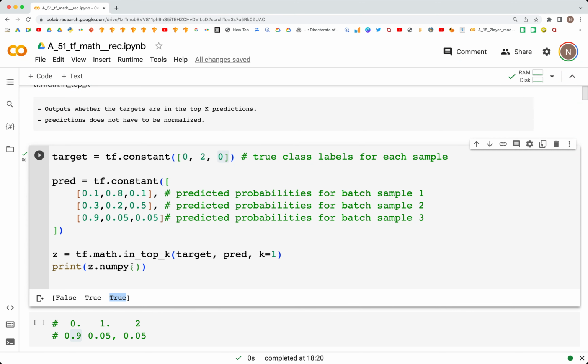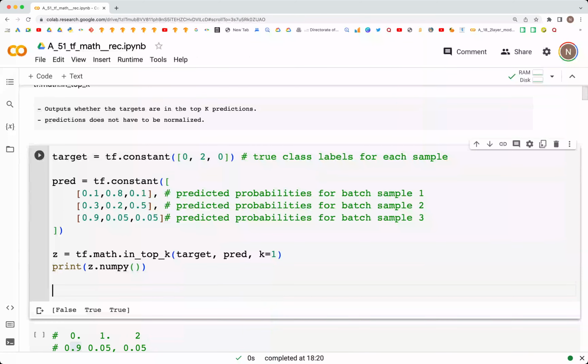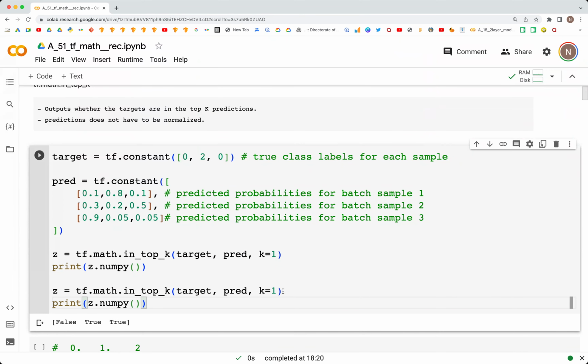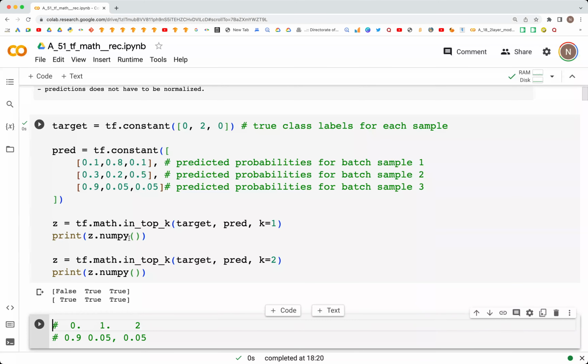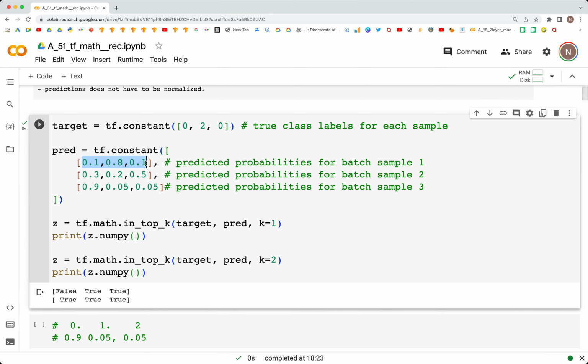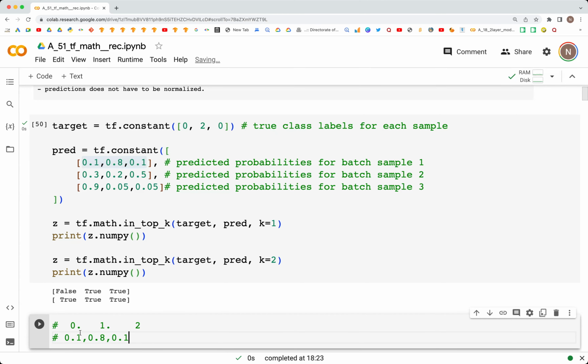Now what we can do is try to change the value of k. If we now change the value of k such that k is equal to 2, let's see what happens. In this case, if we take this first case again, let's copy these probabilities and paste them here.